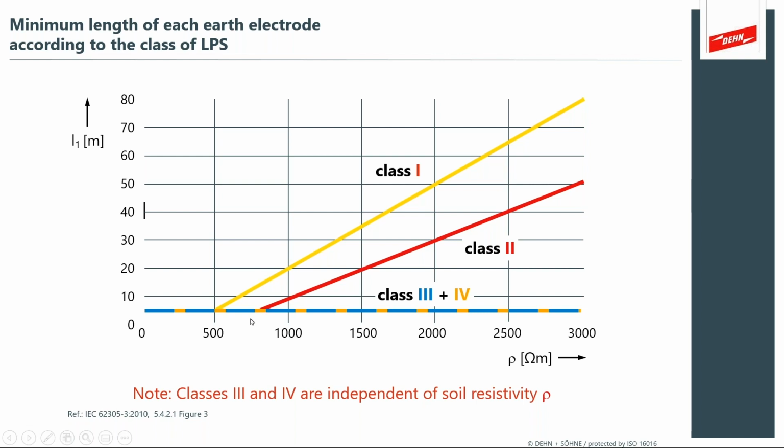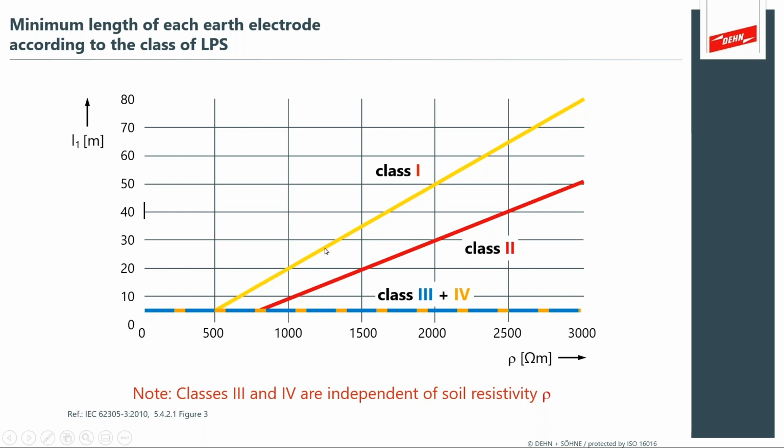So in a chart like this, we see if you know that your soil resistivity is, let us say, 500 ohms, then a class 1 system will be suitable. And you'll know that the distance that you have to bury and have immersed in your system is 5 meters of earth electrode.